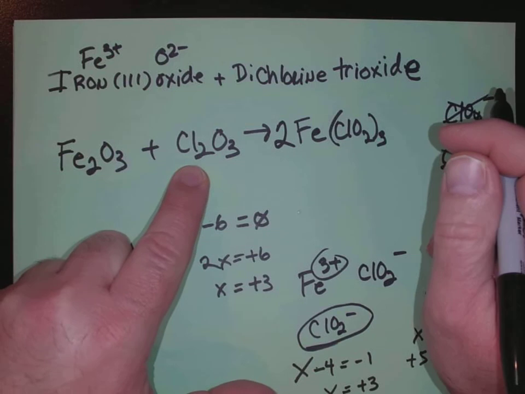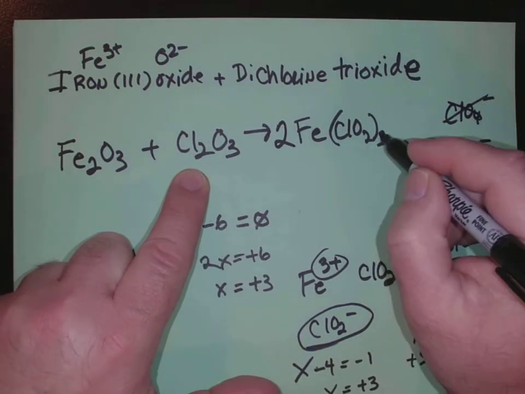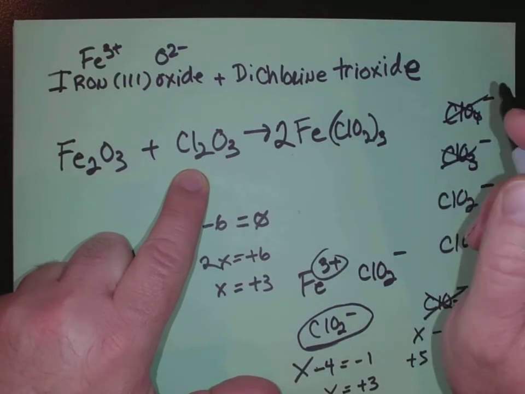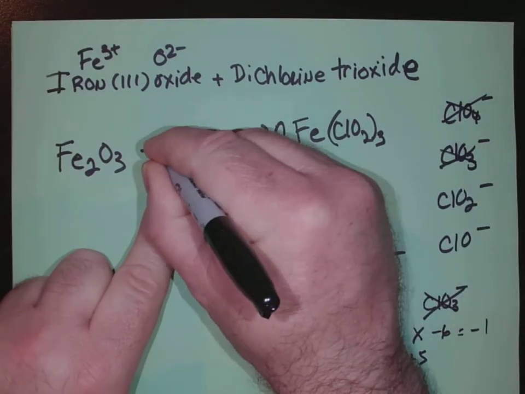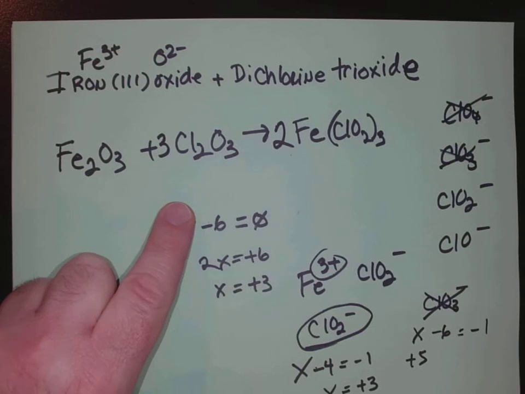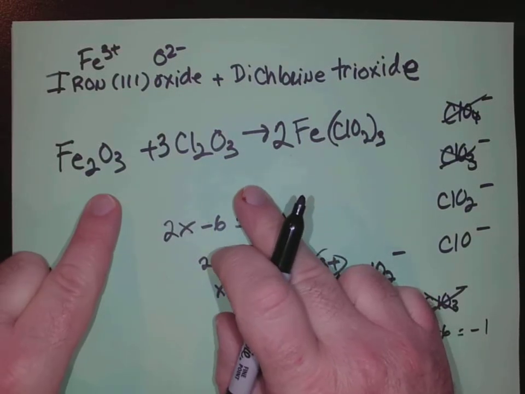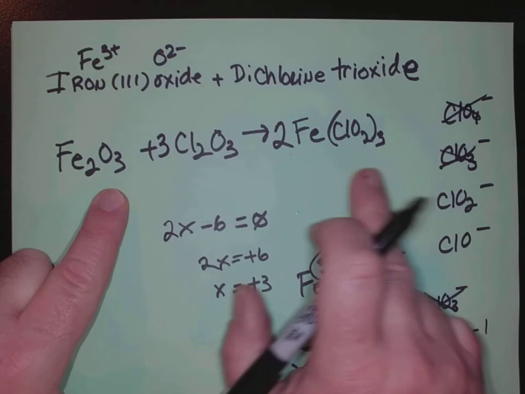Okay, next we go to chlorine. We have 3 chlorines times 2, that's 6. So I need to put a 3 in front of this. That gives me 6 chlorines. Now, we have a lot of oxygens here. And again, if we did this right, they should equal each other.